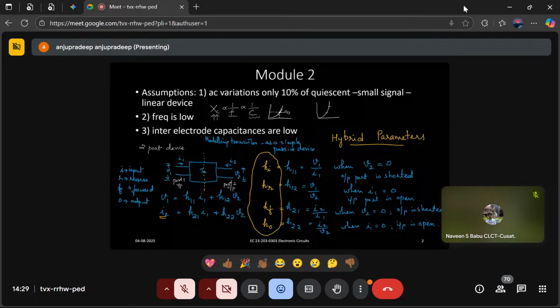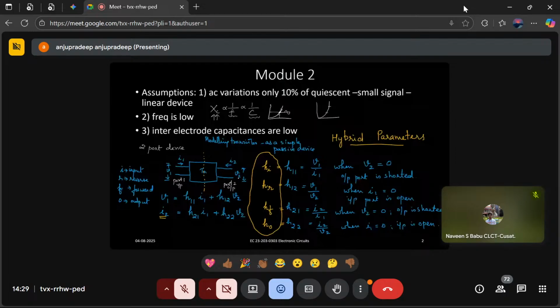So V1 is equal to H11 I1 plus H12 V2, where I1 is the current flowing. Likewise, for port 2, I2 is equal to H21 I1 plus H22 V2.